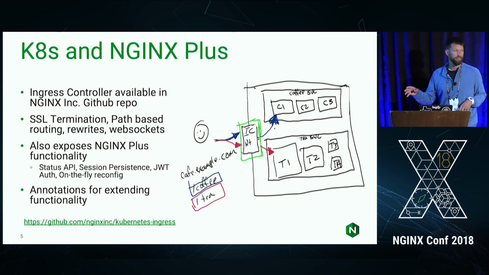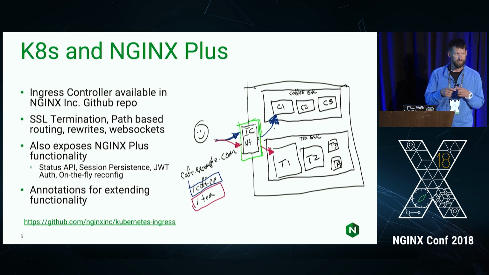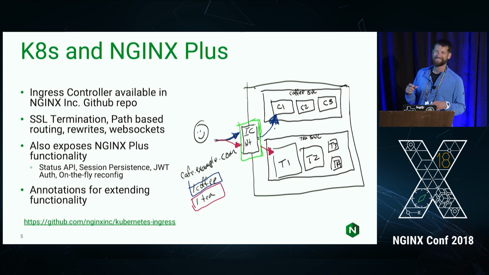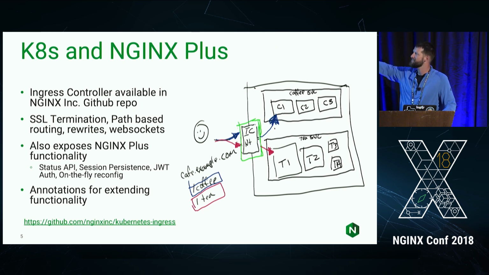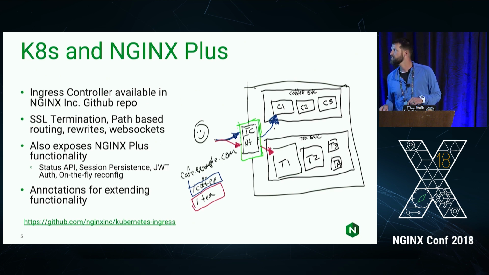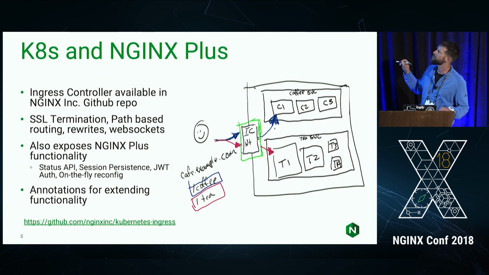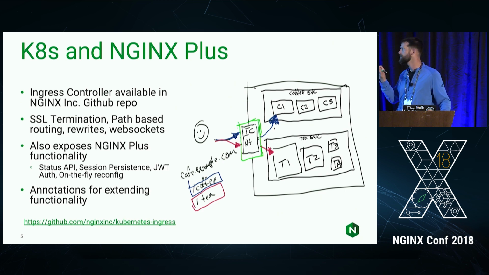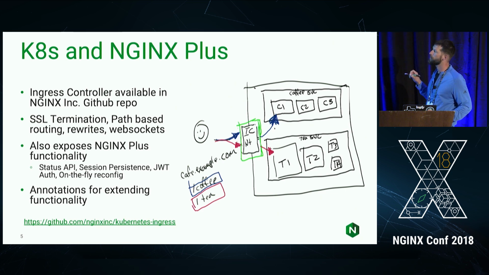I don't have the fancy boxes and figures, circles and triangles, that were shown before. But just trying to give you guys an idea, we have a couple of services that are running in our Kubernetes cluster. We use our Ingress controller here to point our happy user into these applications.